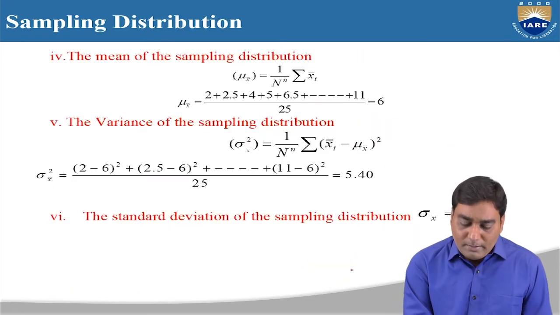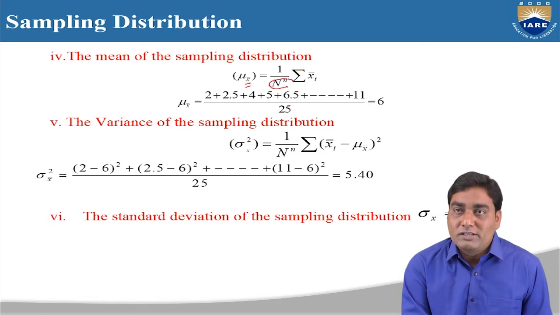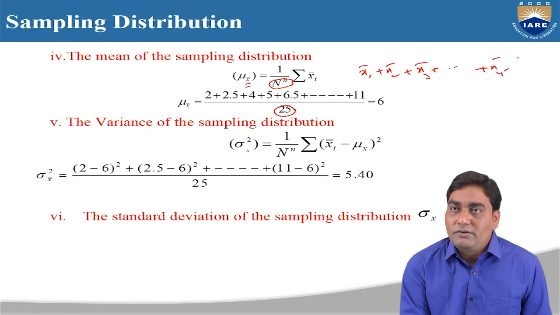So, the mean of the sampling distribution, we know that mu x bar equals 1 by n power n, because with replacement, sigma xi bar, where n power n is 25. Xi bar means x1 bar plus x2 bar plus x3 bar and so on, up to x25 bar. x1 bar is the mean of the first sample, then the mean of the second sample, the mean of the third sample.